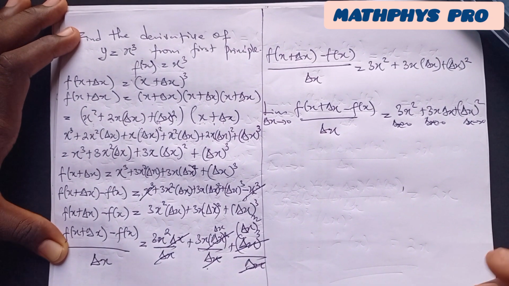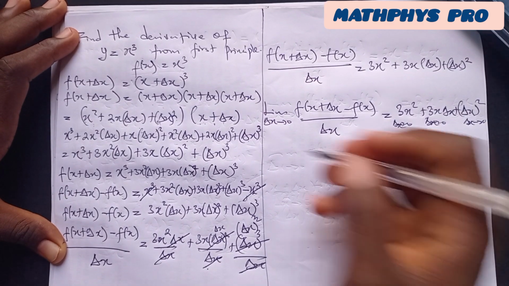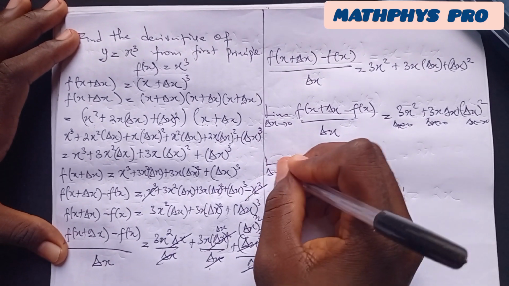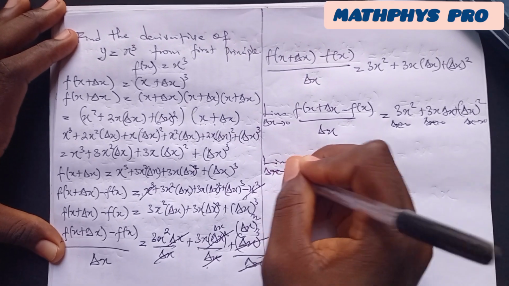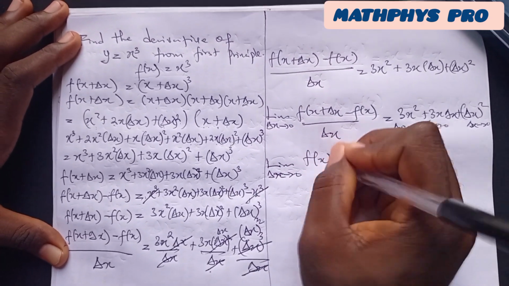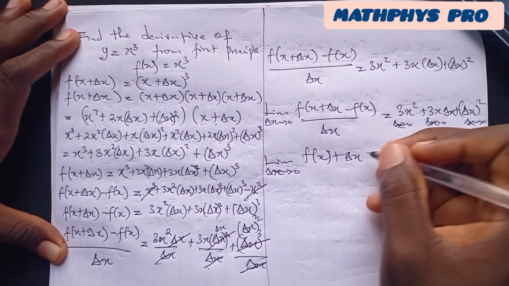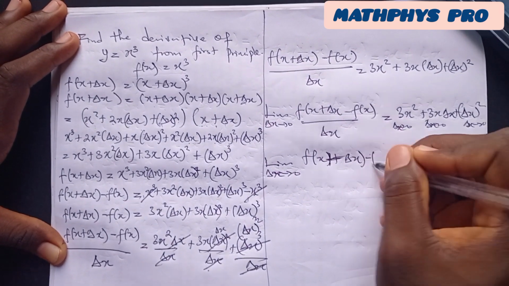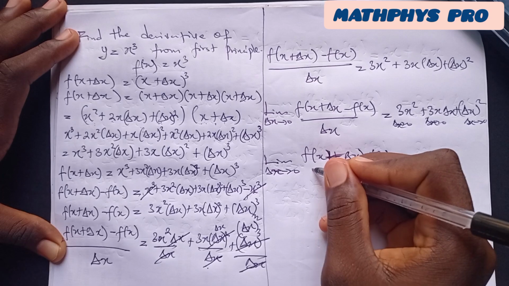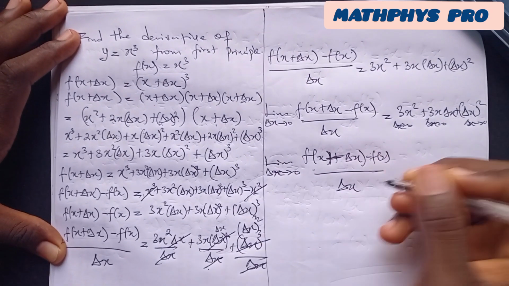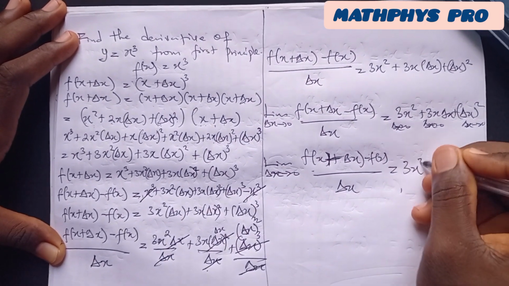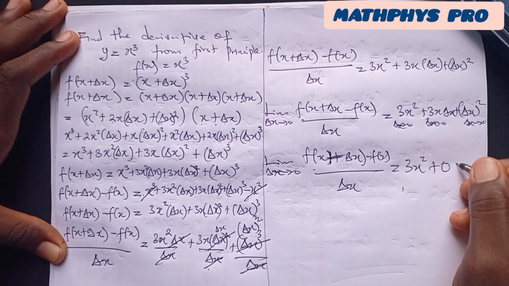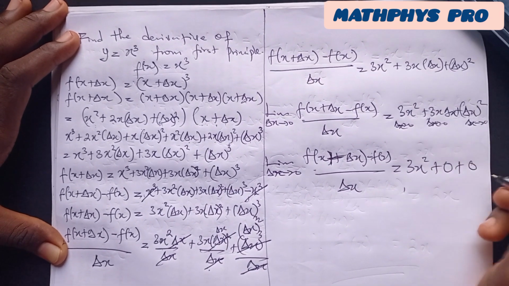So wherever we see change in x, we replace it with 0. So the limit when change in x approaches 0 of f of x plus change in x minus f of x, divided by change in x, is equal to 3x squared. If you put 0 here, everything here turns to 0.